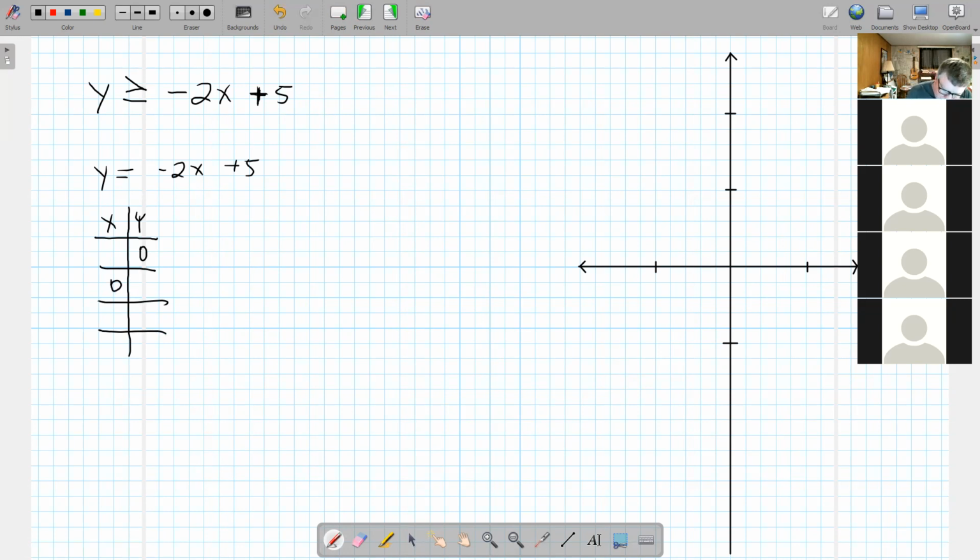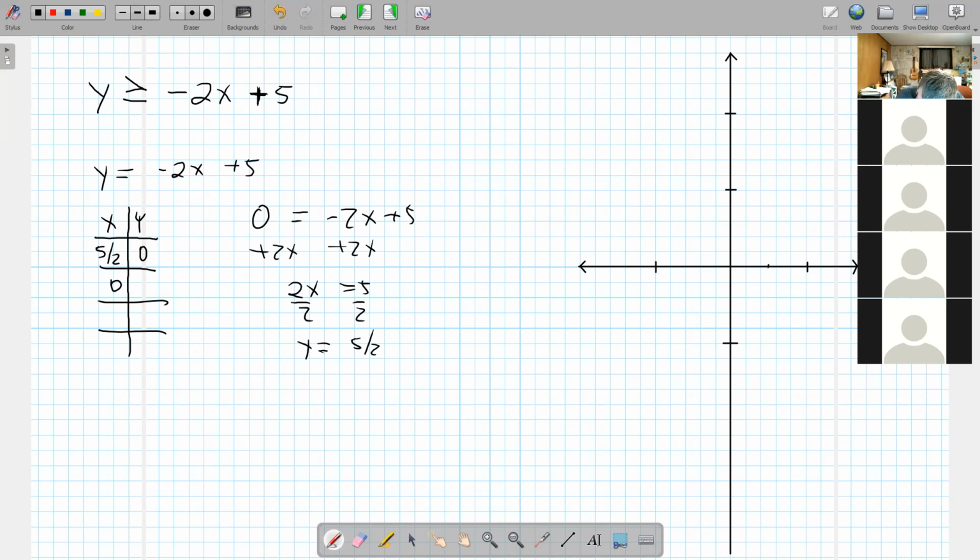If y is 0, we get 0 equals negative 2x plus 5. I'm going to add 2x to both sides. 2x is 5. Divide by 2, x equals 5 halves. 5 halves, as a mixed number would be 2.5.